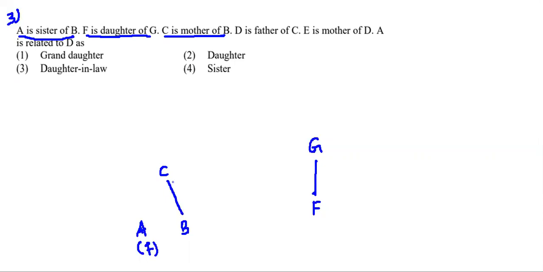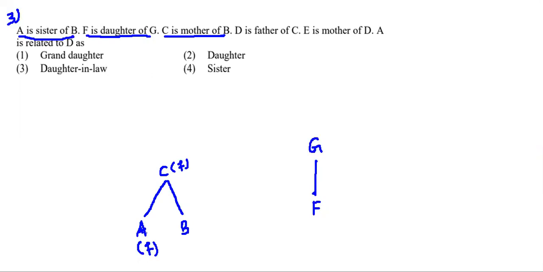So now statement 3 is clearly giving us C is the mother of B. That means C must be a female. And in fact, A and B being siblings, A's mother is also the same person, C. Because C is the mother of B, it is given.